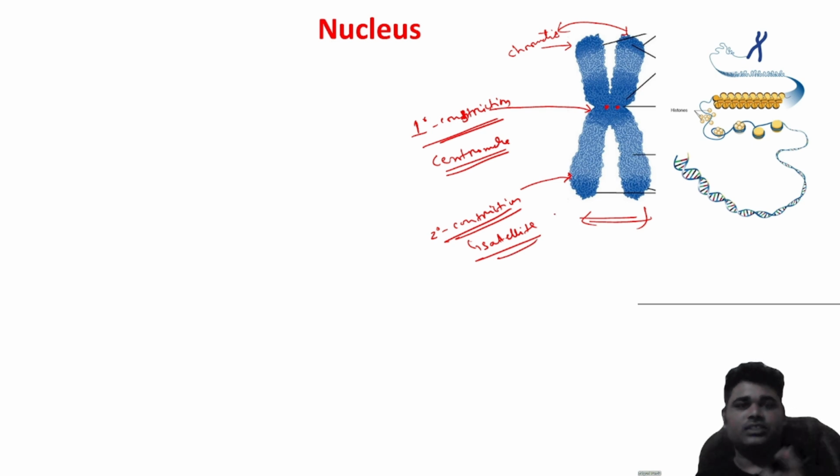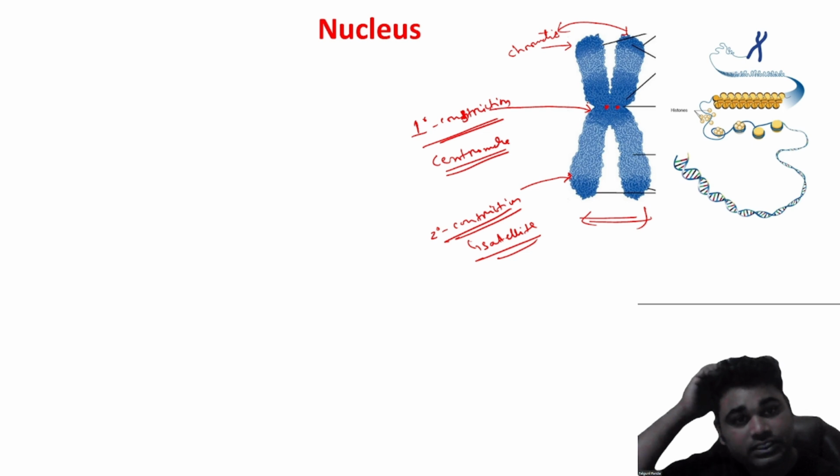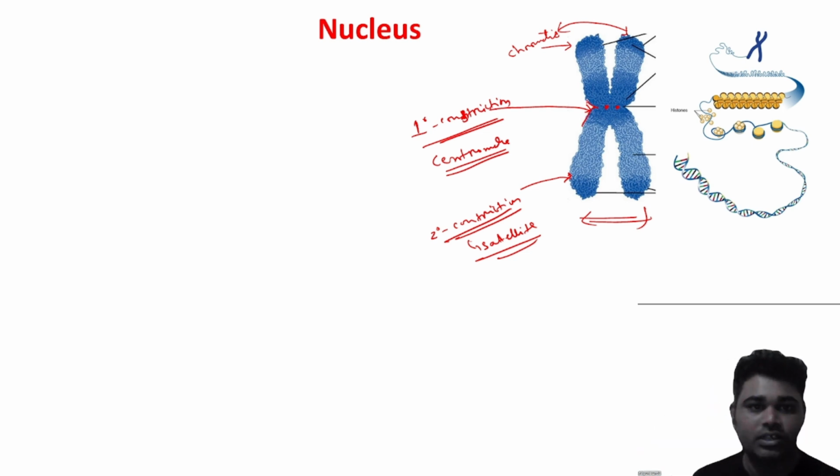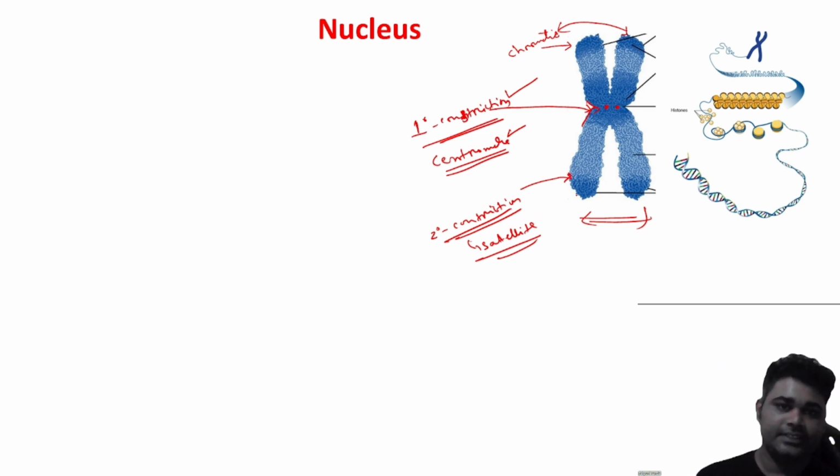Because the first constriction is inward towards the center, it is called the primary constriction and it is called the centromere, and the secondary constriction is present here and it is called the satellite.